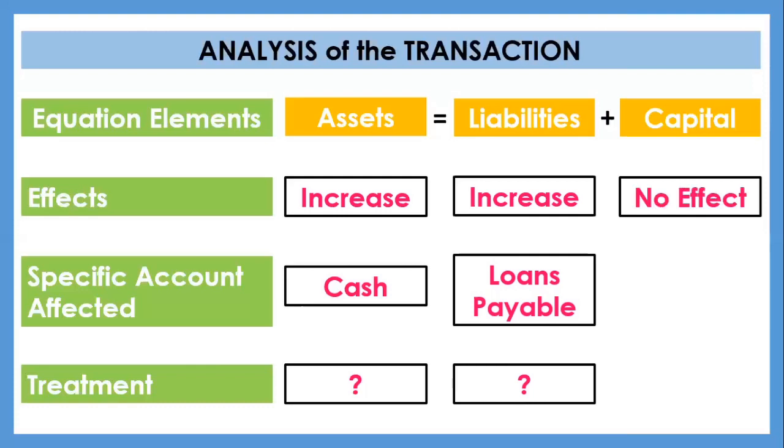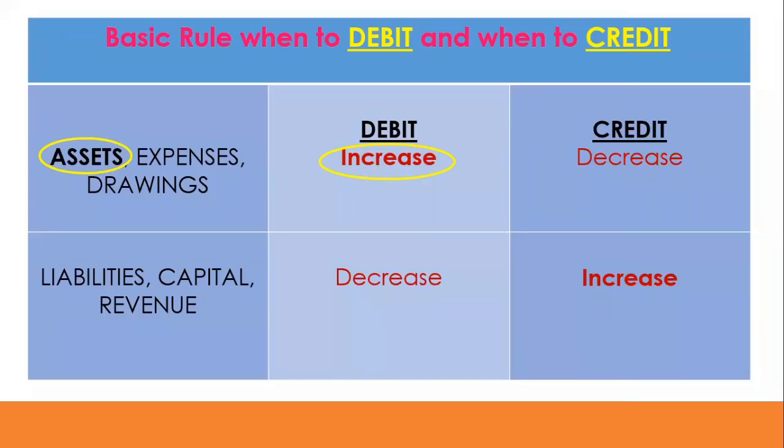And finally, the last step in analyzing the transaction is how we treat our asset account and liability account. The question now is which account will be debited and which account will be credited. In order for us to answer this question, it is imperative to go back to the basic rule as to when to debit and when to credit.